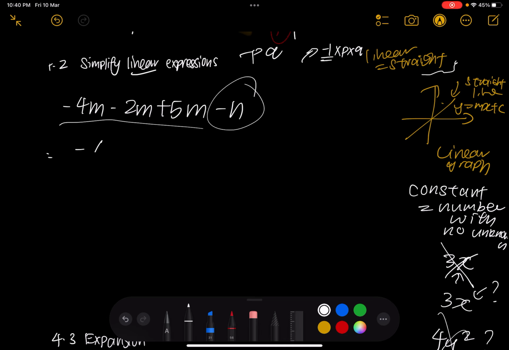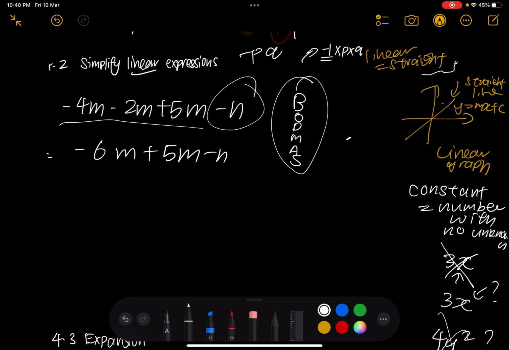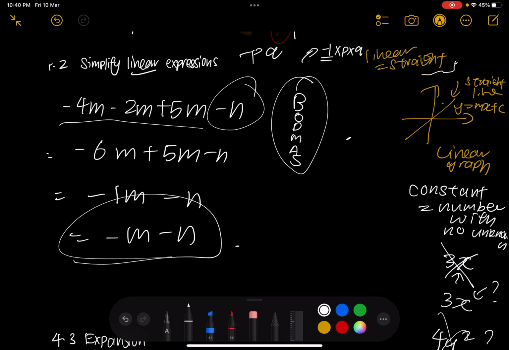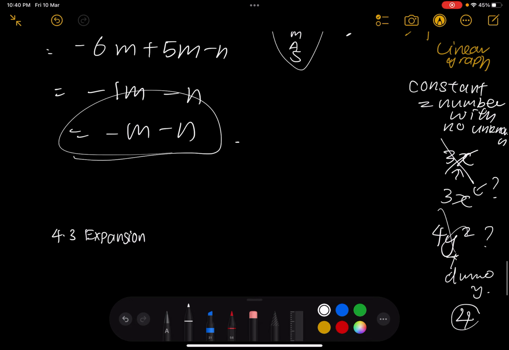So -4 minus 2 is -6m, plus 5m minus n. Hey, remember your bottomers, okay? Minus 6 plus 5 minus 1 minus n. So minus 1m is actually minus m. Easy? Simple. Very easy. Okay?